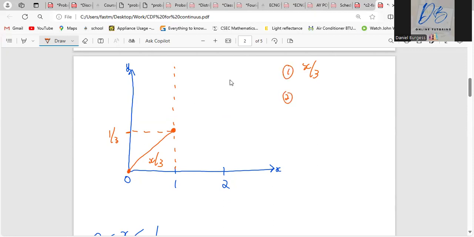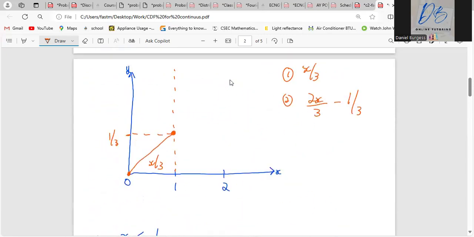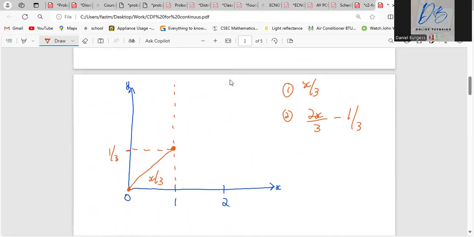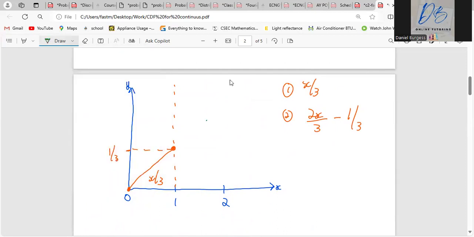So the second piece was 2x on 3 minus 1 on 3. Let's make sure. So that's starting from here and continuing for the second piece. The y-intercept is minus 1 on 3, so that is down here. And then positive gradient, so we'll go up like this.